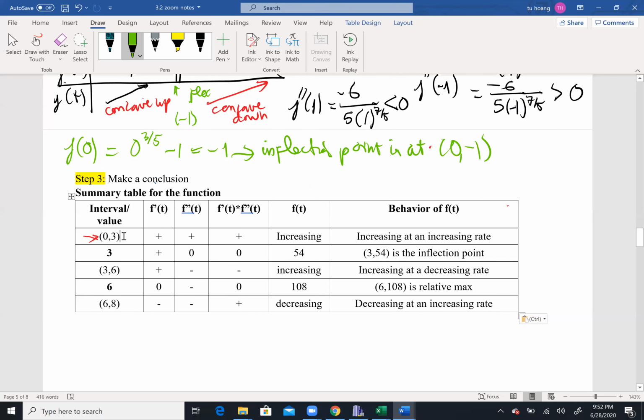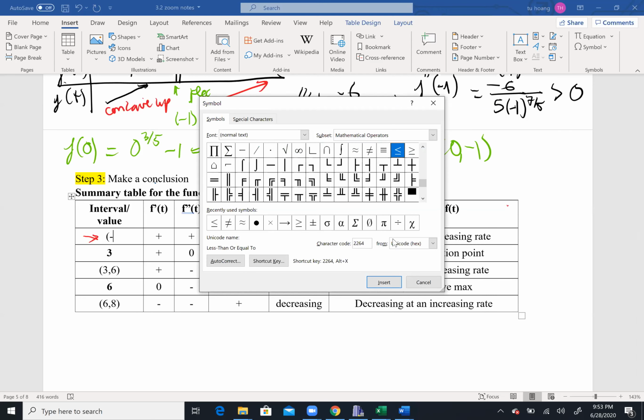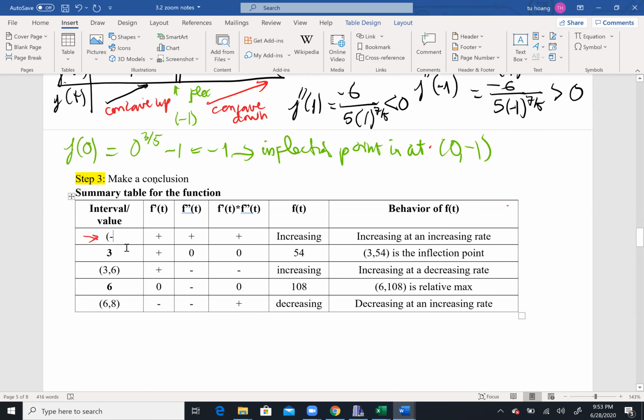Okay, so for the interval, I should have from negative infinity. Yeah, infinity. I don't have infinity here. Check if I have infinity here. I don't have infinity here, so I'm gonna analyze.